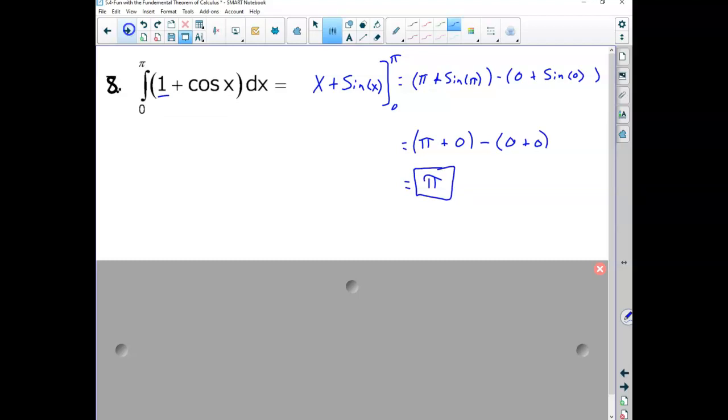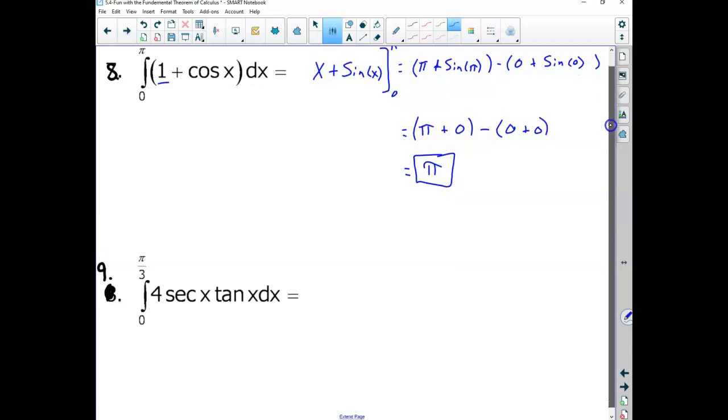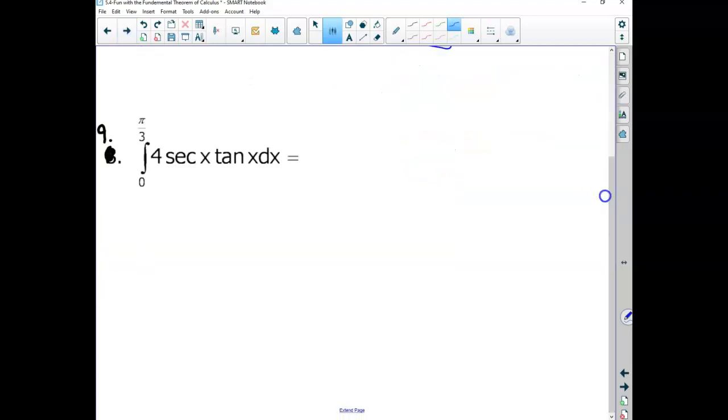And the very last one. Trig, my favorite. What is the antiderivative of 4 secant x tangent x? What is the derivative of secant? Derivative of secant, remember, d/dx of secant x equals secant x times tangent x.